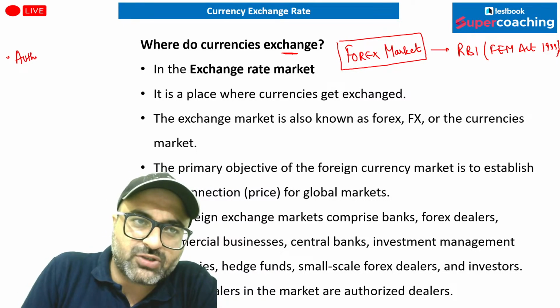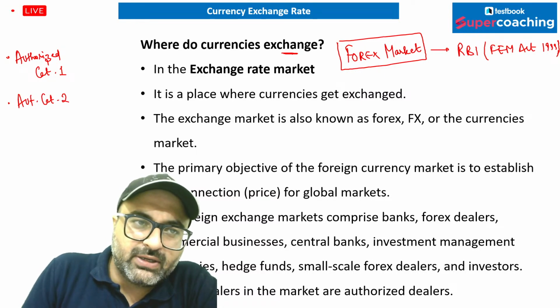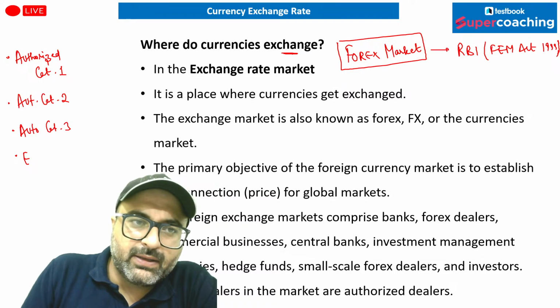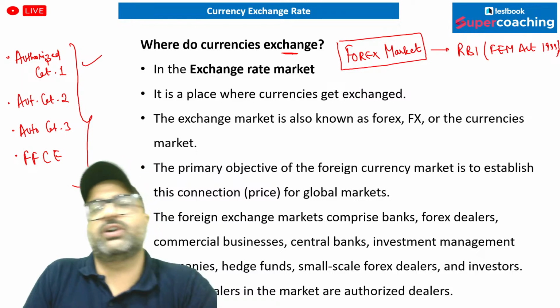We call them as authorized category 1, authorized category 2 dealer, authorized category 3 dealer, and then we have full-fledged currency exchanger. So these are the 4 different dealers which are responsible to exchange your currency.